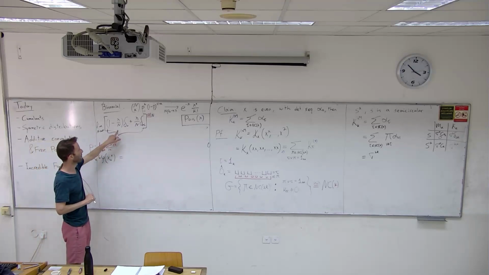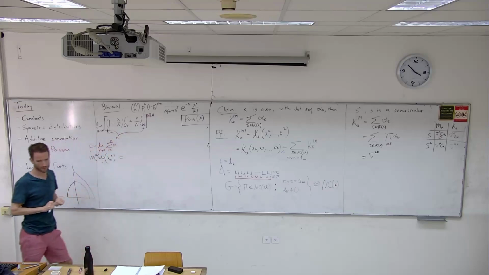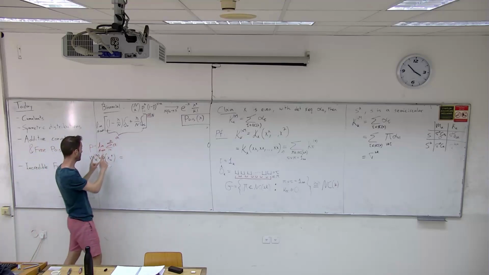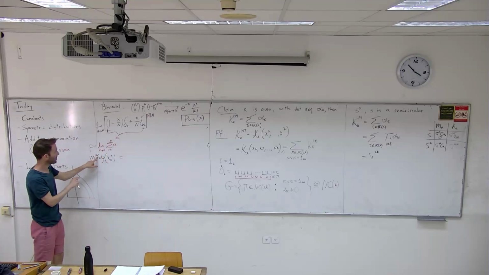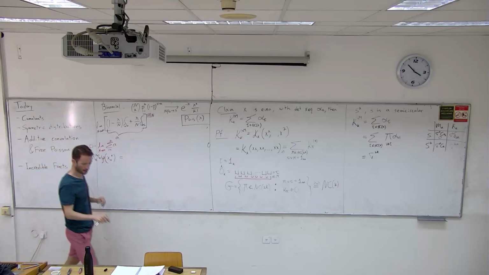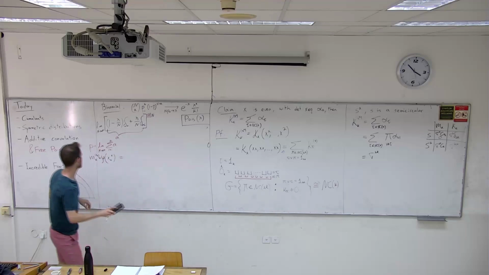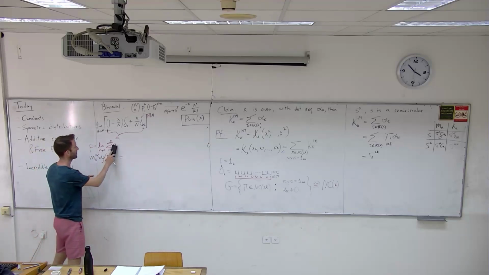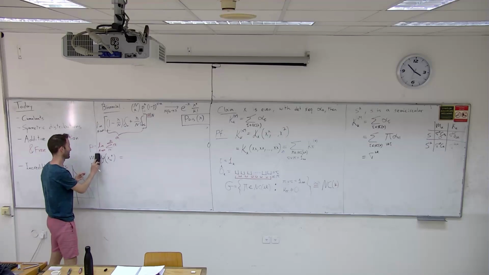Its distribution is the convolution. No, not yet. Just one element, just xn. Let's call it an.